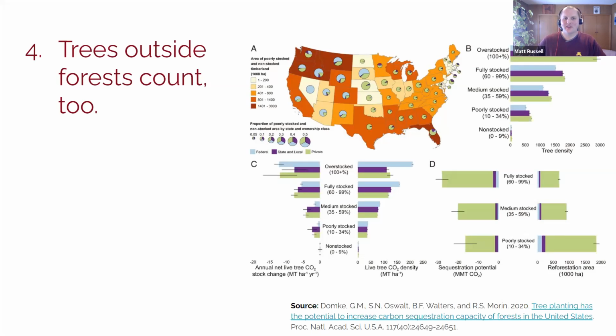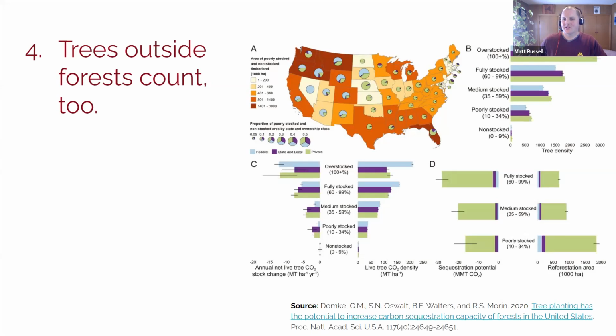Now there are a lot of other trees that have historically been categorized outside forests, say trees in urban areas, say trees in areas where you transition, say in western Minnesota, from prairie to forests. There are a lot of trees there that we haven't had a good way to monitor and haven't had a good way to quantify, but those trees outside forest count too when it comes to looking at the role that they play in carbon sequestration.